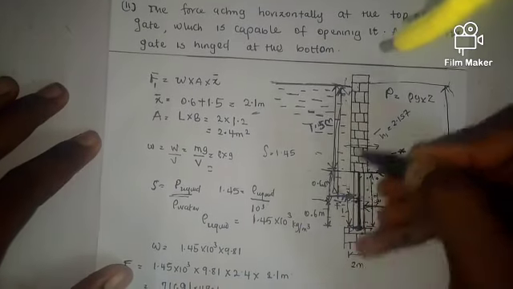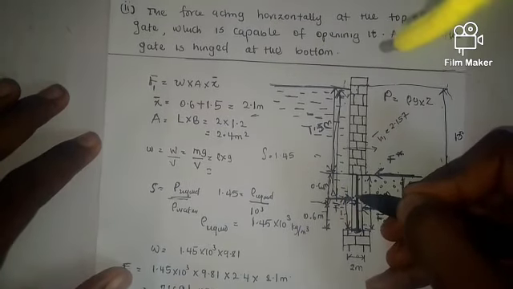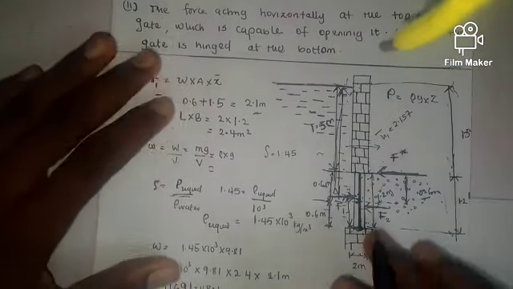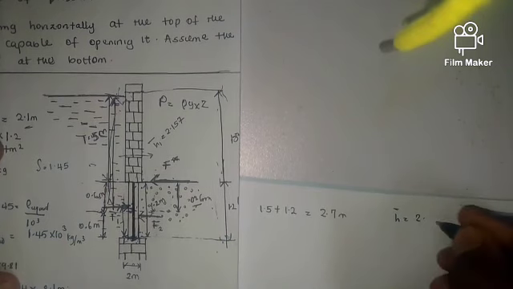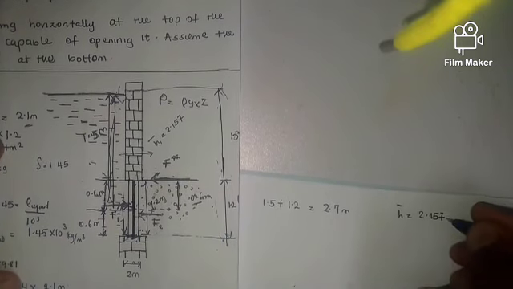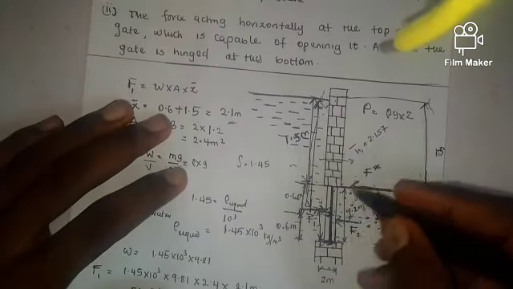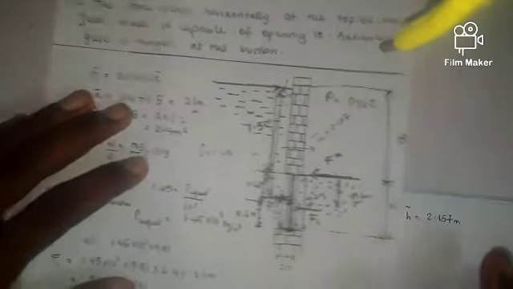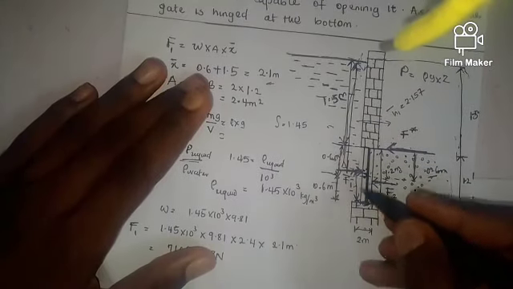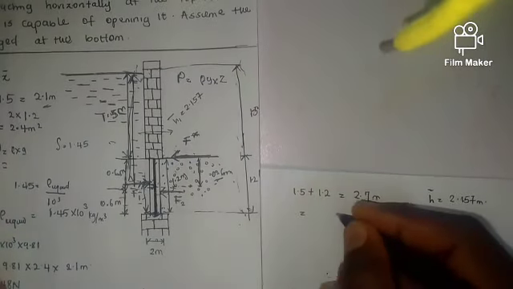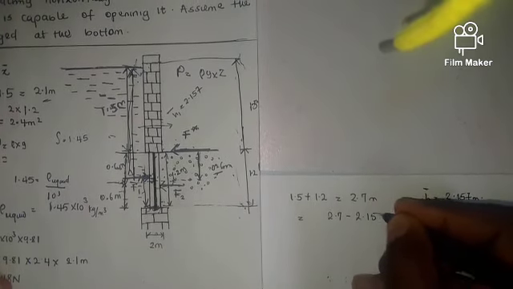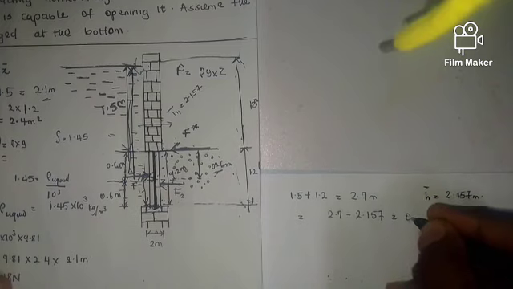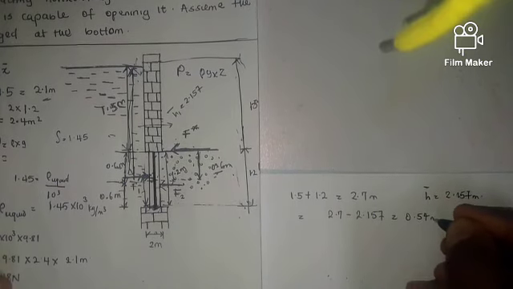From the point of application of my pressure to the surface of the liquid is what we calculated as my h bar 1, which is equal to 2.157. That's the position of the center of pressure from the surface of this liquid. So given this and this, I can calculate the distance from F1 to the hinged part as 2.7 minus 2.157, which gives me 0.543.